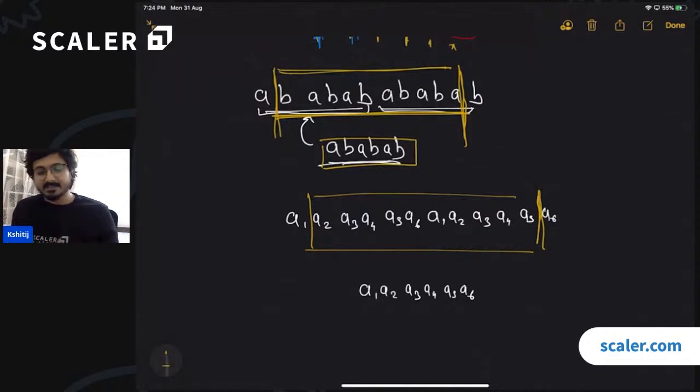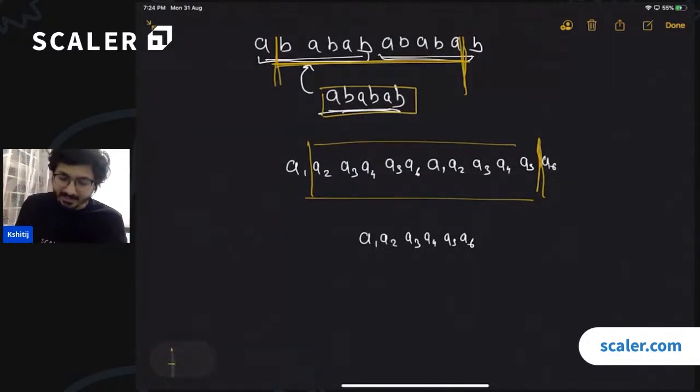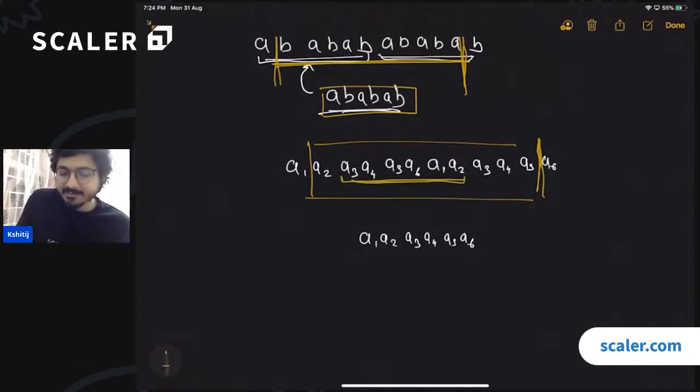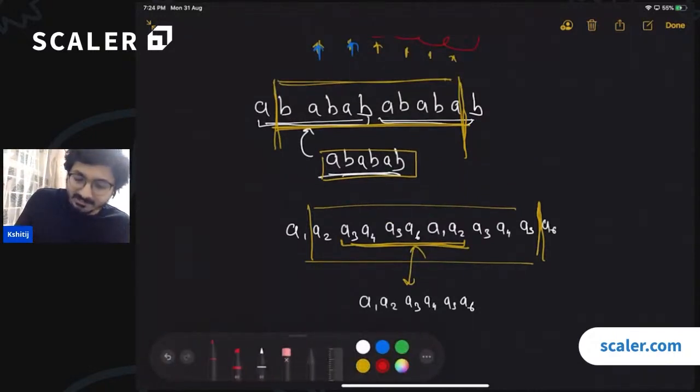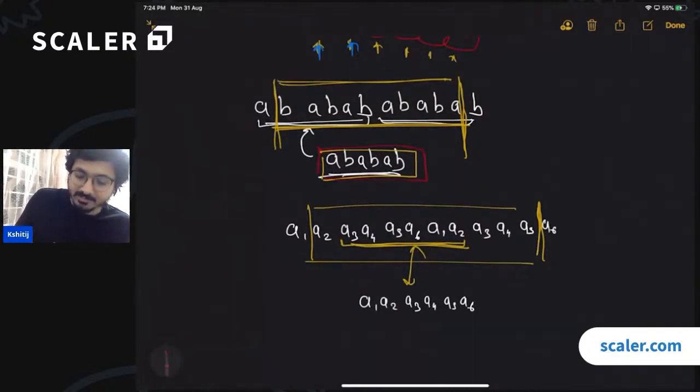Now, if we are searching in this box and let us assume that I get an occurrence here, what does it mean? If these two are similar, in this case you can see that this is the actual case. If you are searching for an occurrence of this string, you get it here.